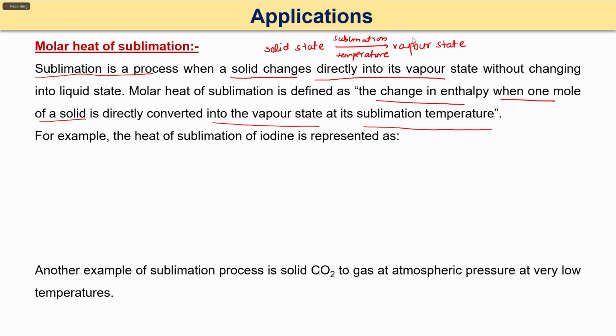So the molar heat of sublimation is defined as the change in enthalpy when one mole of solid is directly converted into the vapor state at its sublimation temperature. Let us take an example: the heat of sublimation of iodine is represented as follows.